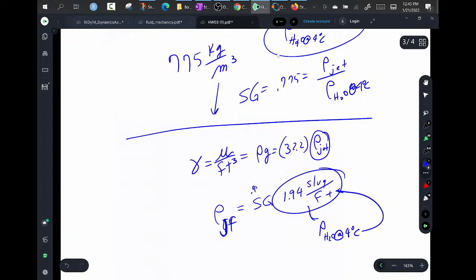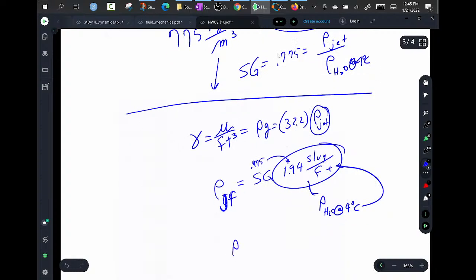So you take that 0.775 and you multiply it times that, and it quickly gives you back the density of jet fuel, equaling, let's see, 0.775 times 1.94, 1.5035, and these are debatable digits, so I'll remove them. So the key is I changed units by using a unitless number. Specific gravity, no units.